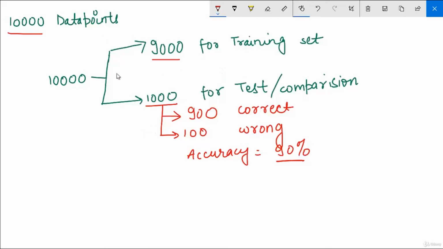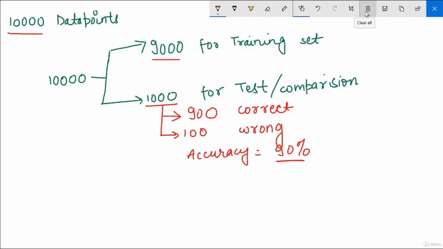And guys, one more thing: suppose we have 10,000 data points and you have to choose 9,000, we don't choose from the starting 9,000 or the bottom 9,000 values. The 9,000 values are taken randomly, and the rest will be your test comparison values. We usually take data randomly. So this is how we do the comparison and accuracy.